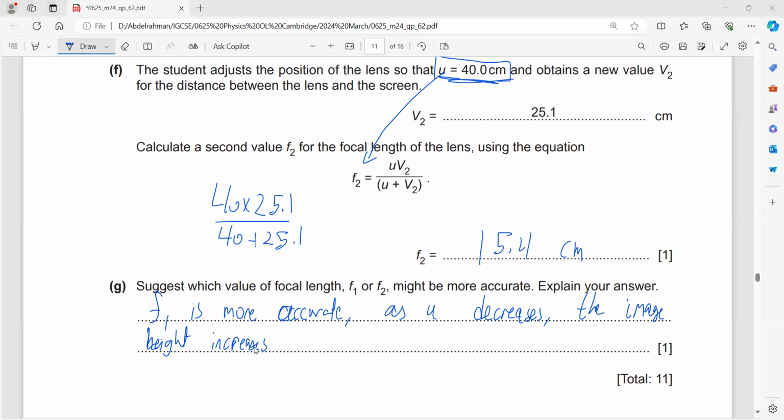And when the image height increases, it is more accurate to measure. Good.